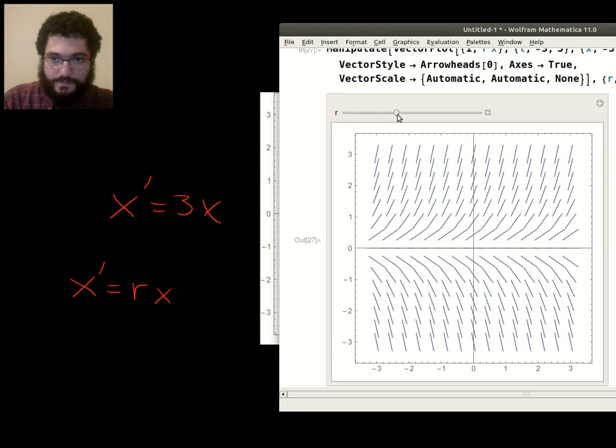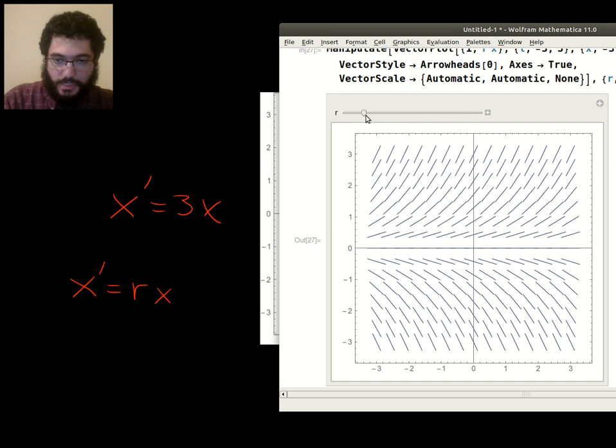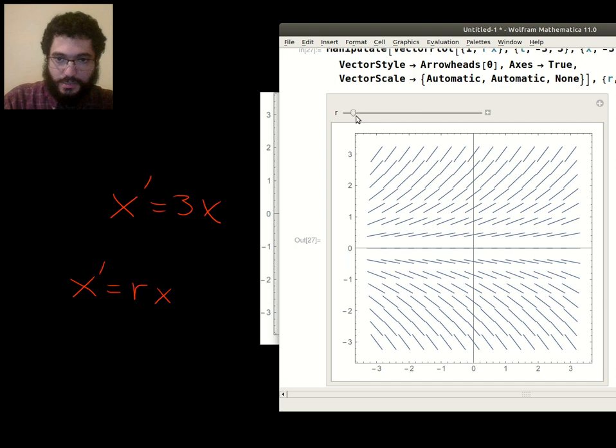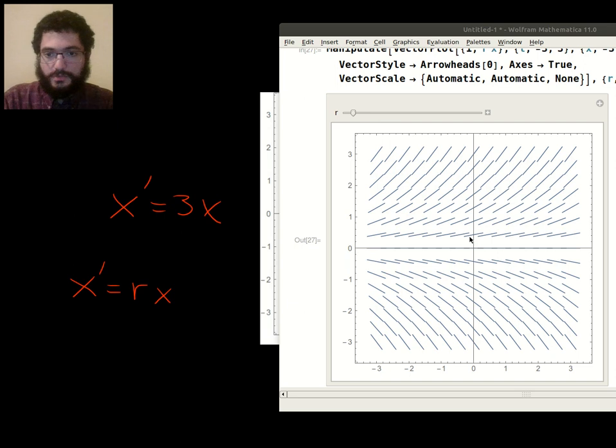Do you see the slope field shifting? So each time I fix r, I'm looking at one differential equation and one family of solutions associated with that. And as I change r, I'm changing the differential equation, and so I'm changing what the general solution would be. If you fix r and you then also fix an initial condition, then there's exactly one curve, one graph to fill in here that would serve as your particular solution, x of t.